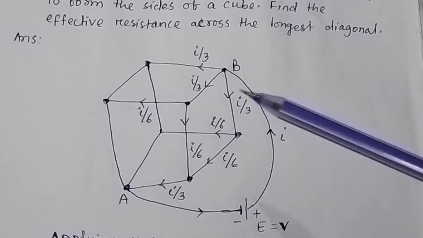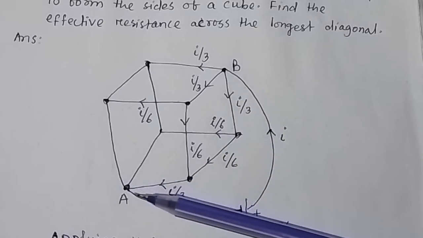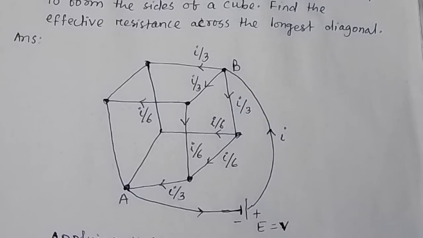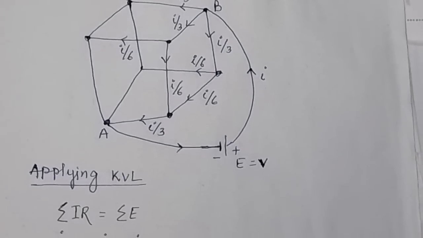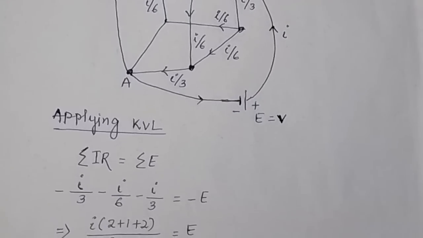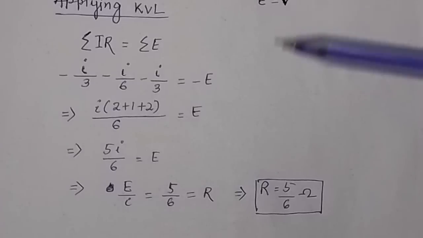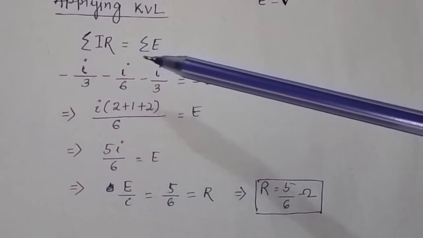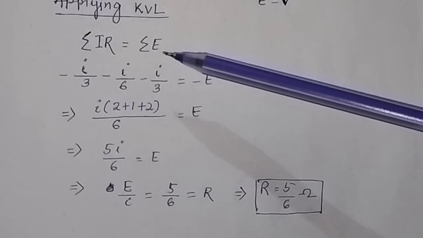In this loop, you can find out the resistance between the two points A and B by applying KVL, Kirchhoff's voltage law. From KVL, the algebraic sum of the IR drops, on the left side, is equal to the algebraic sum of the voltage drop or EMF drop.